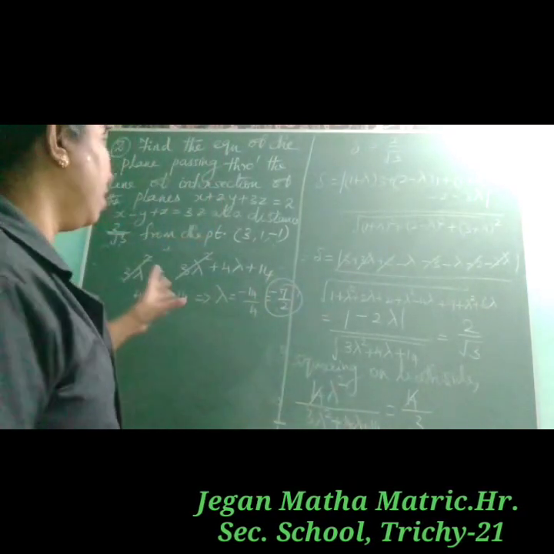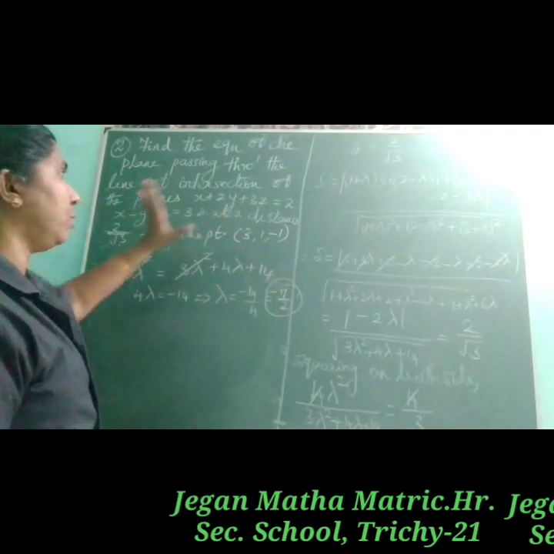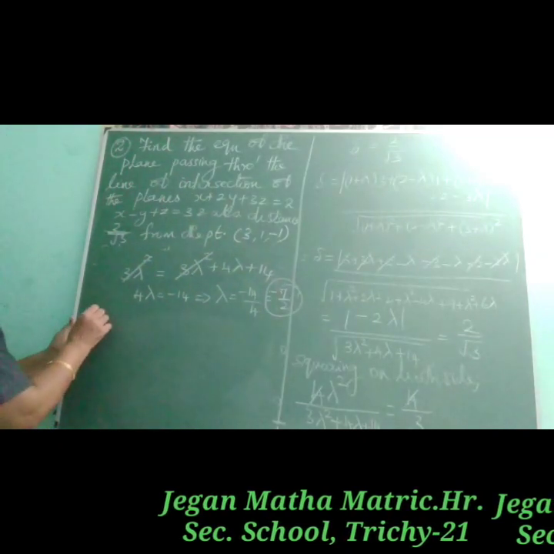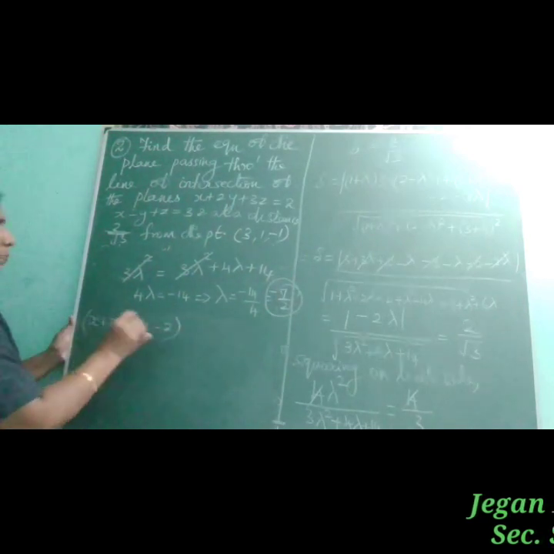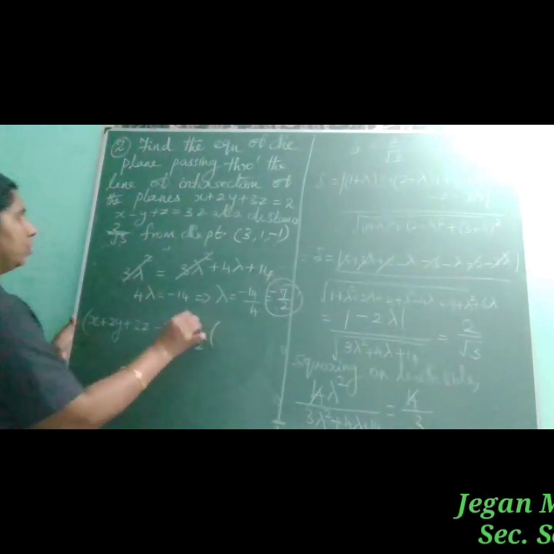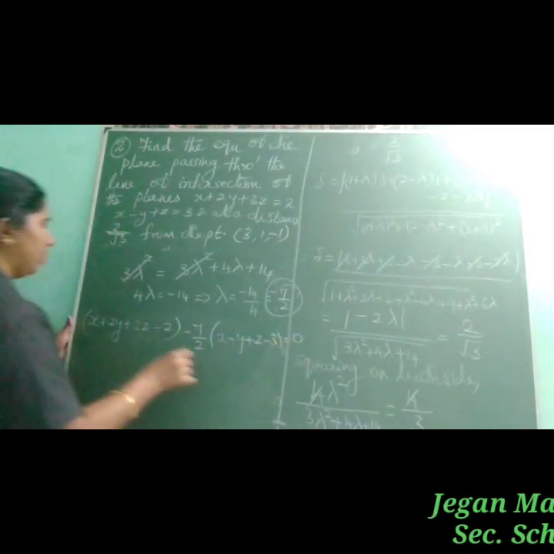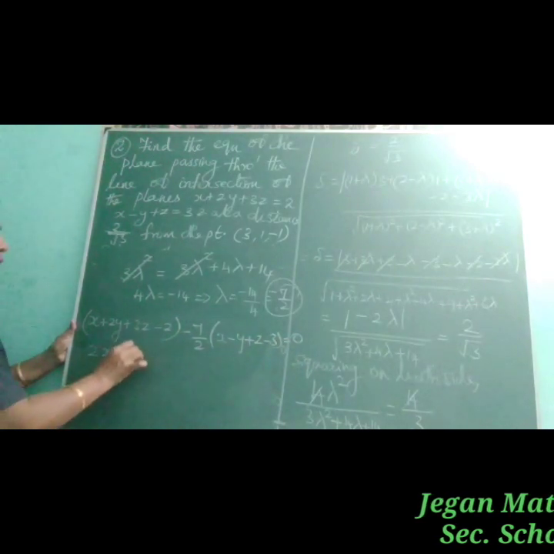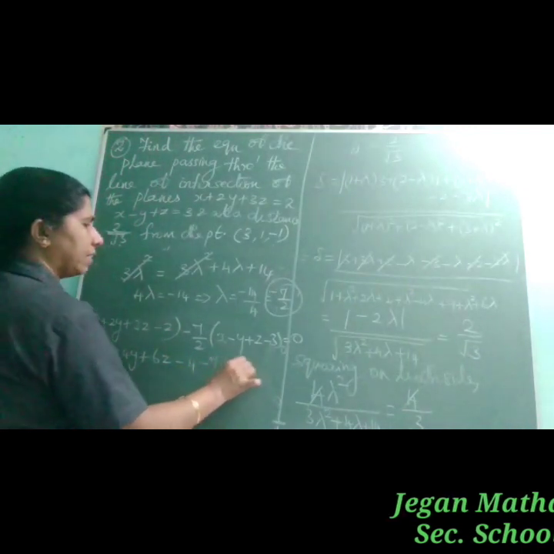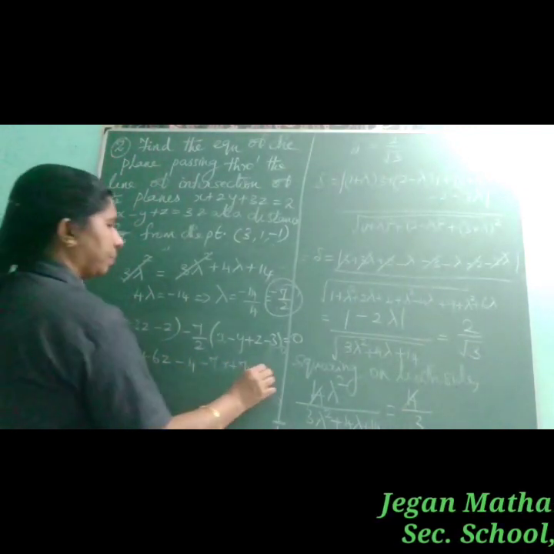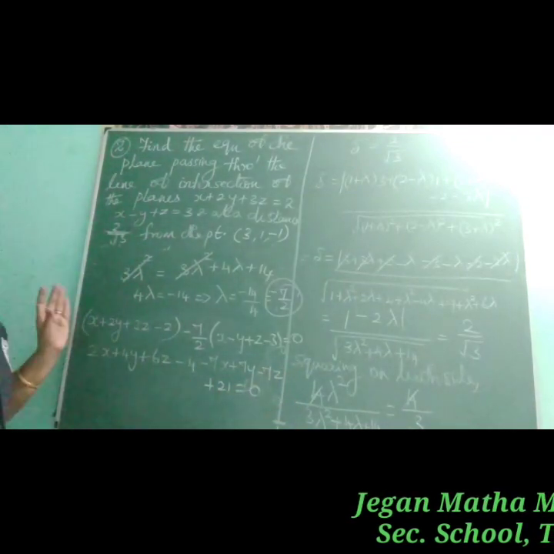Now, in the first combined equation, we have to replace lambda equal to minus 7 by 2 and we can find out the answer. That is, x plus 2y plus 3z minus 2 minus 7 by 2 into x minus y plus z minus 3 equal to 0. 2x plus 4y plus 6z minus 4 minus 7x plus 7y minus 7z plus 21 equal to 0.